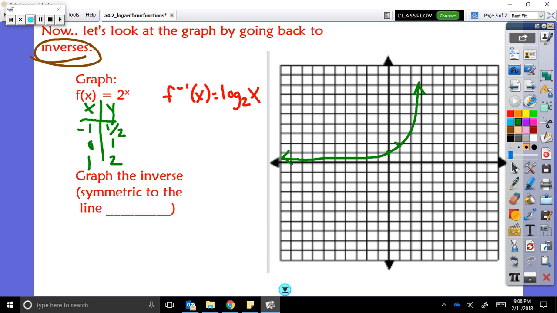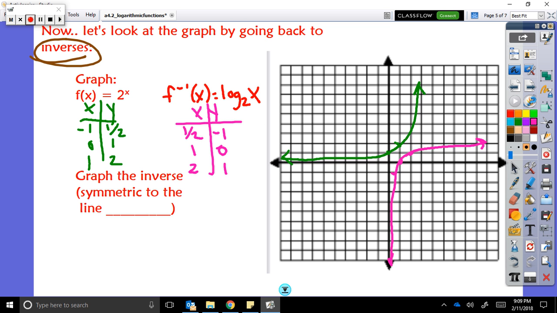Now I want you to remember back at the beginning of the year when we talked about inverses, what we did at the beginning of this lesson. When you find the inverse, you switch the x and y. So the t-chart for log base 2 of x is literally this t-chart just with x and y flipped over. So it's 1/2, -1, 1, 0, and 2, 1.